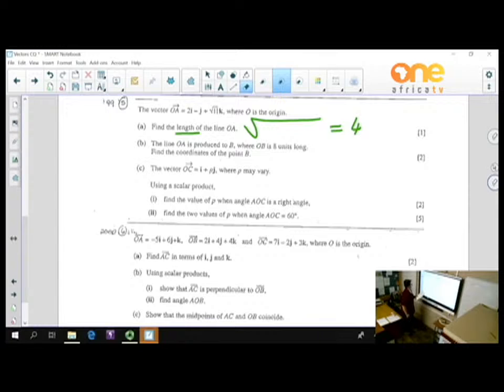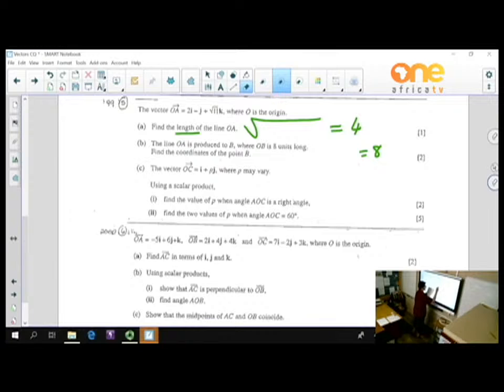So it is produced to B. What does that mean? I'll have to make it longer, okay? Now, if we say OB is 8, then it means this one is twice the length of that one, isn't it? So the values here will just be multiplied by 2 as well.